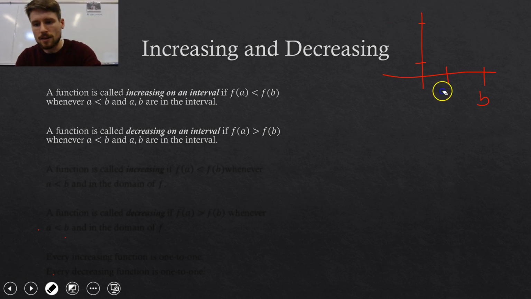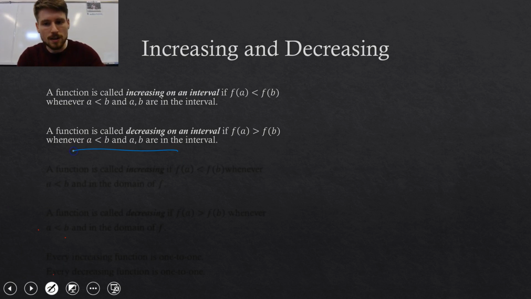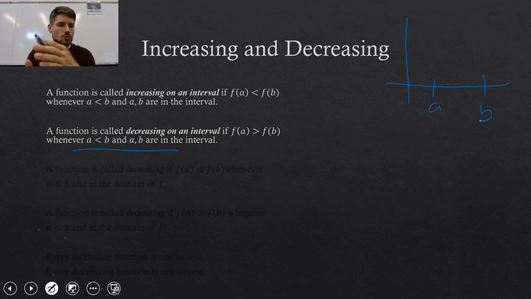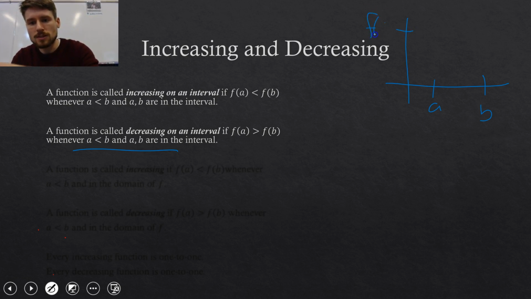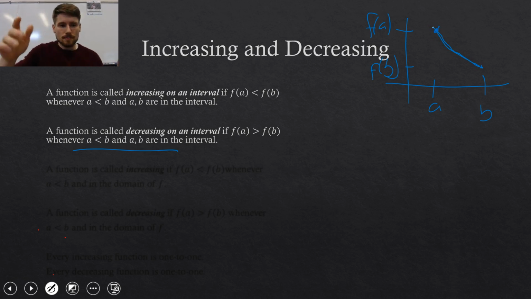And now we're going to look at what happens. Let's use a different color. So for decreasing, this is the picture you should have. a is still smaller than b, meaning we're still looking at values to the right. And now f of a is the bigger one. So f of a is up here, and f of b is down here. And so our function has to go from this top point to this lower point somehow, so it could curve or it could go straight, but the values get smaller as you move to the right.